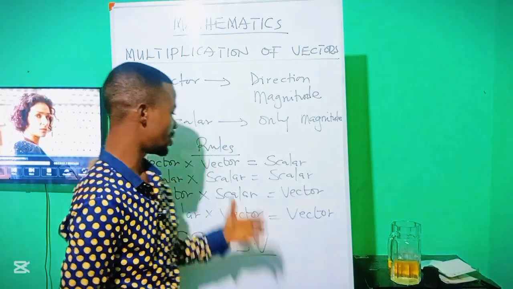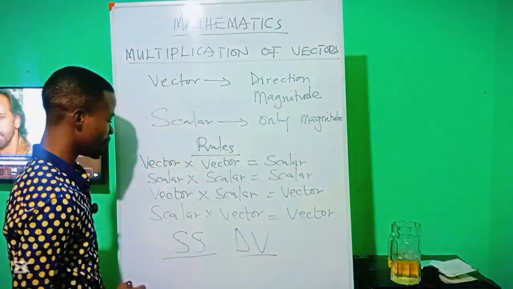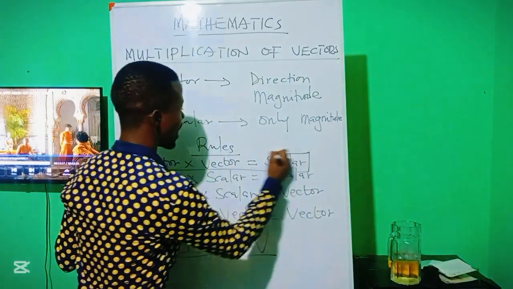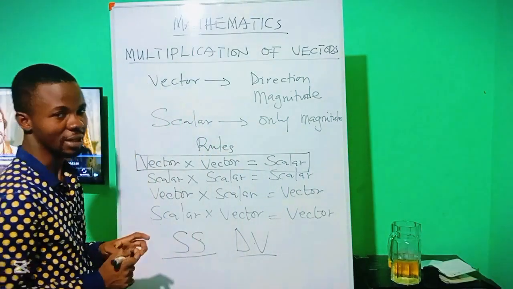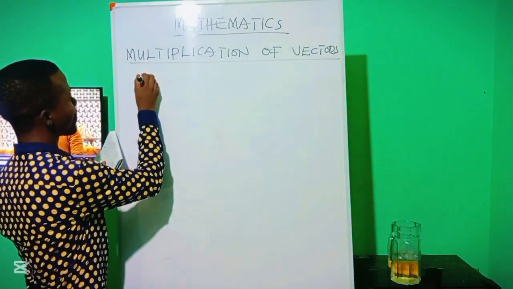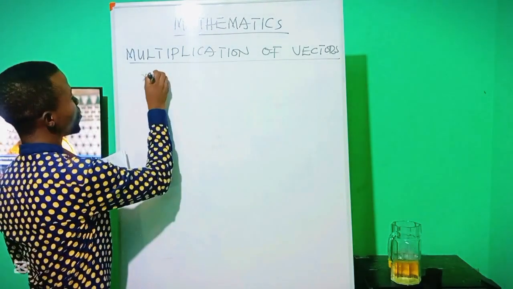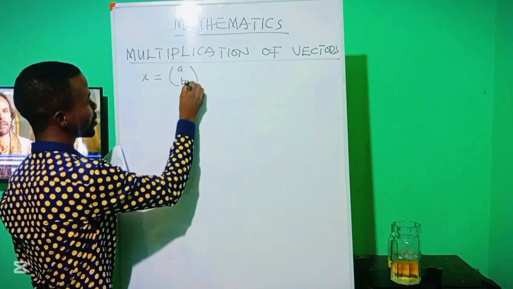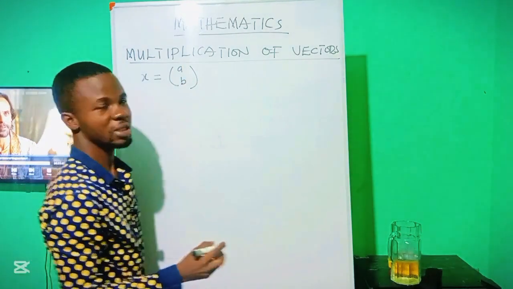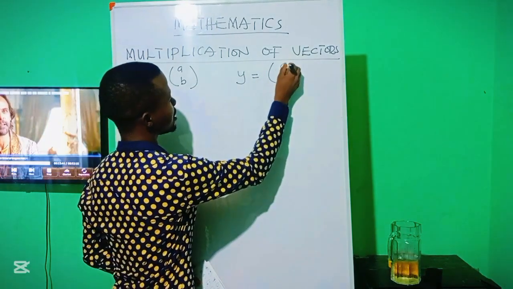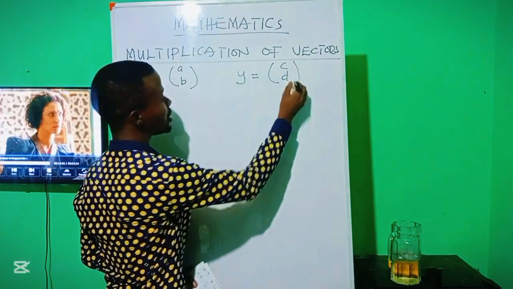We'll continue by looking at some examples of how to multiply vectors. We won't focus on the other ones. Our focus today will be on how to multiply a vector by another vector. So let's say we have a position vector x, which has coordinates a and b, and another position vector y, which has coordinates c and d.